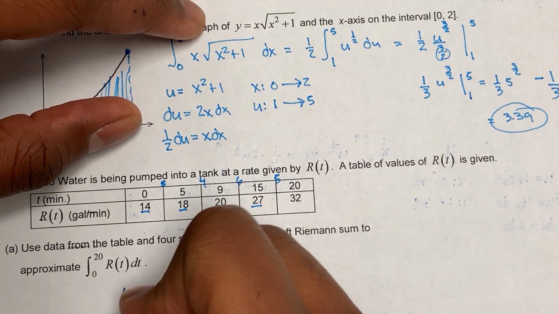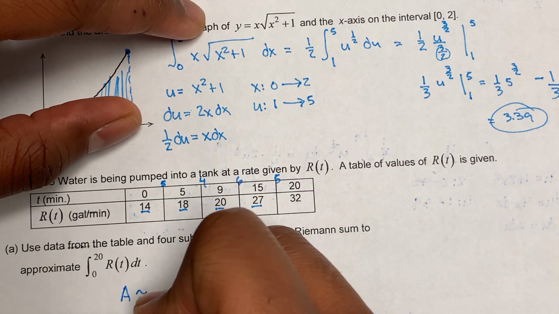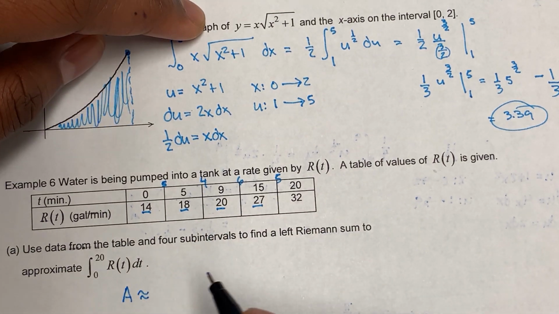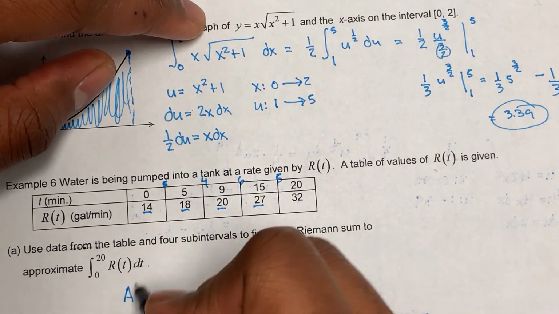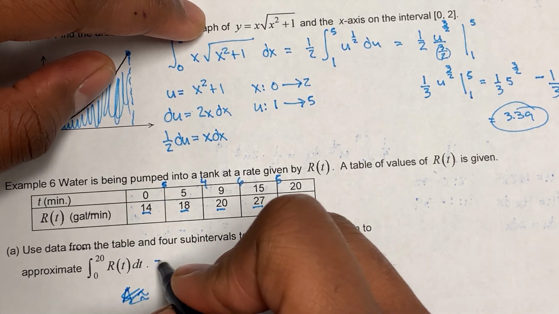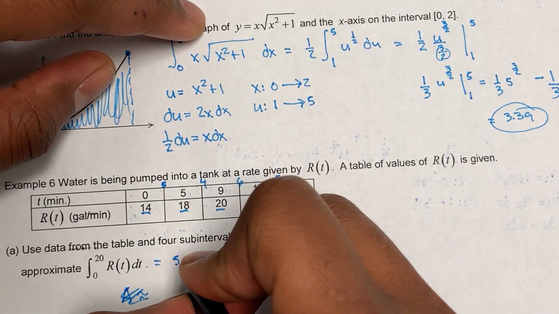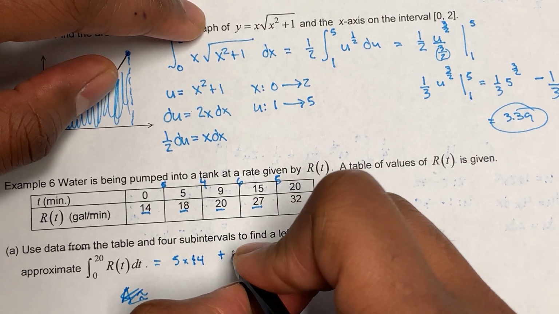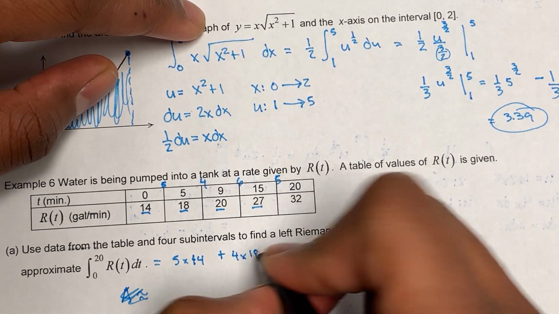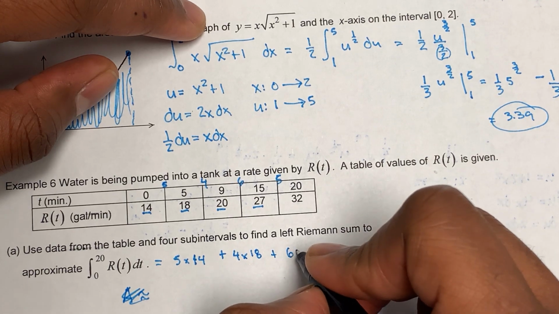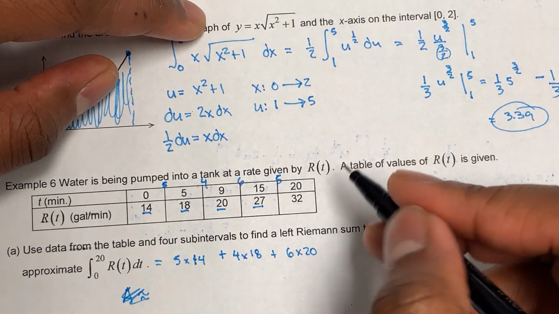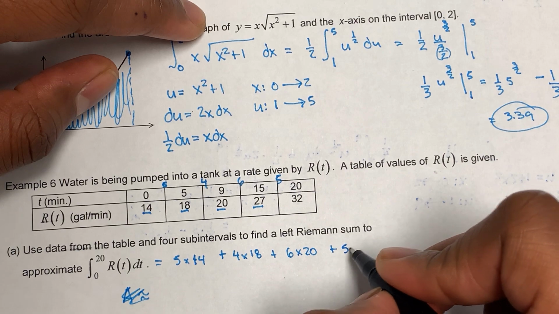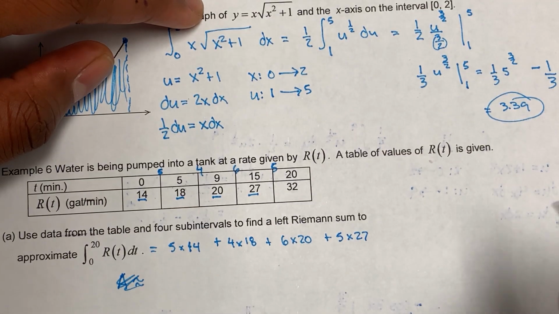So the area, the water being pumped, is going to equal 5 times 14 plus 4 times 18 plus 6 times 20 plus 5 times 27.